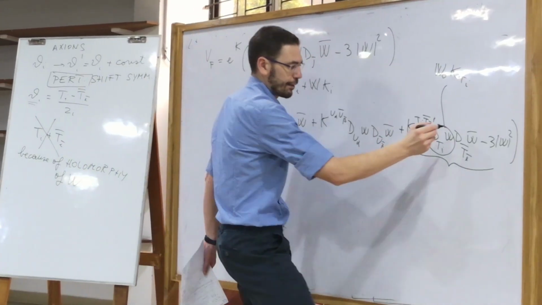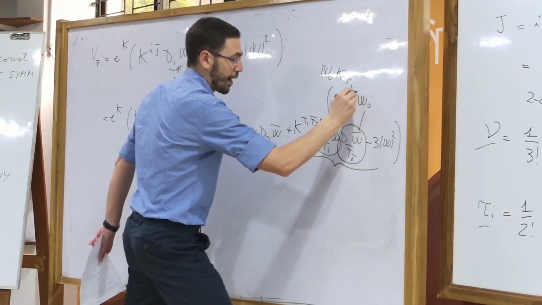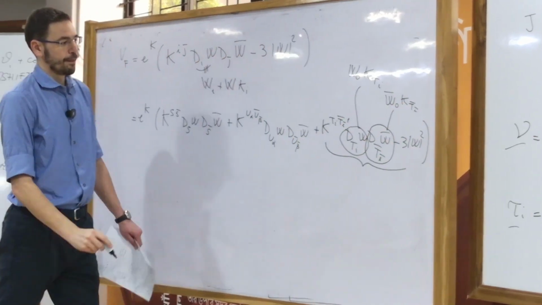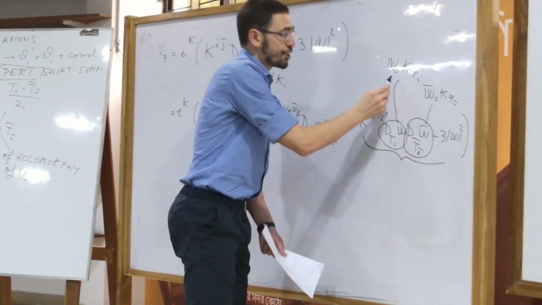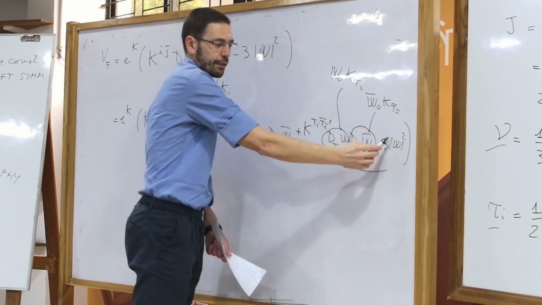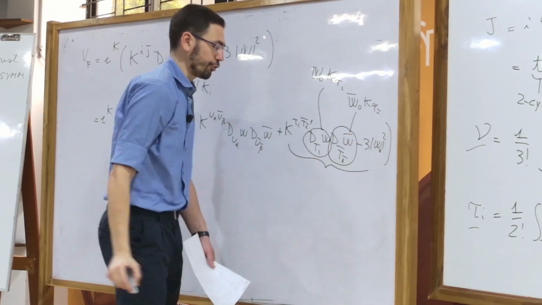And similarly, this is just w0 bar k t bar I bar. So you see here, I get w times w bar. So I reobtain w mod of w squared, where here again, this is w0.